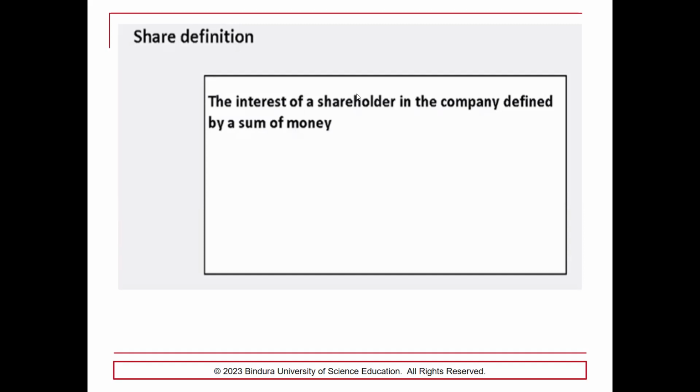So the number of shares that you issue will then determine what we call the par value. So the par value is basically the amount being invested in the business divided by the number of shares. So if you want to issue shares of $1 each and you want to raise 100,000, it means you're going to issue 100,000 shares of $1 each.